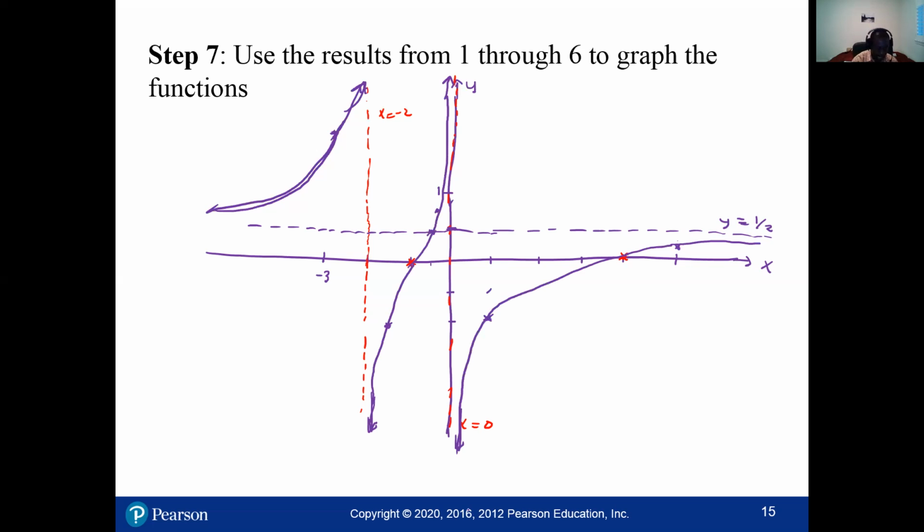So it has all the properties we have. It has the vertical asymptotes and the horizontal asymptote. It crosses the horizontal asymptote at x equal to negative 0.8, where the y coordinate is 1/2. So that gives me the graph for this function.